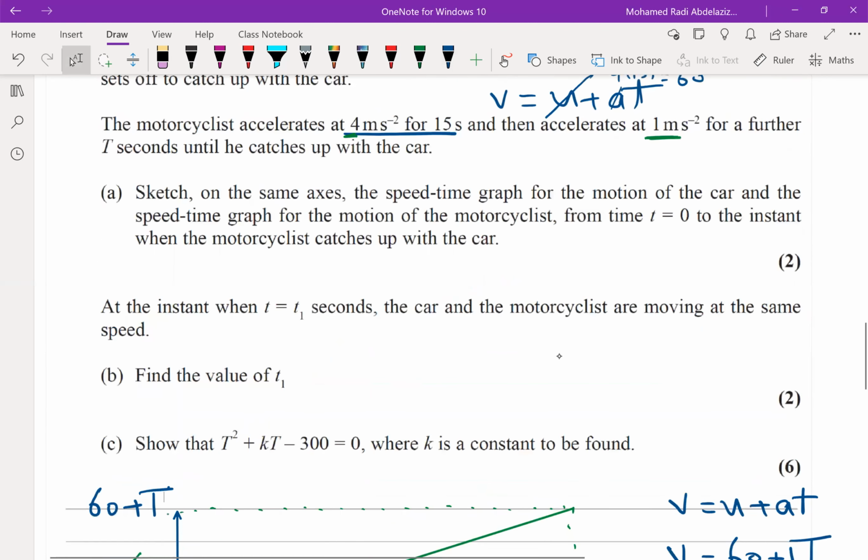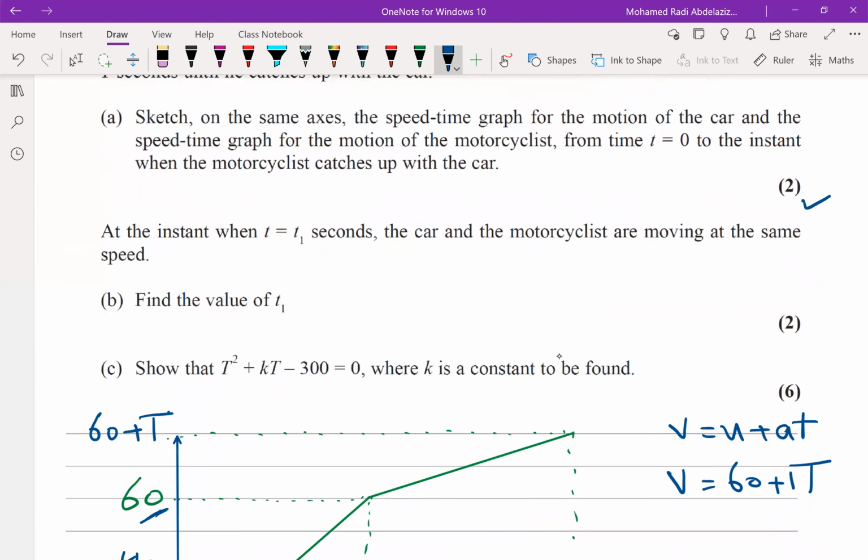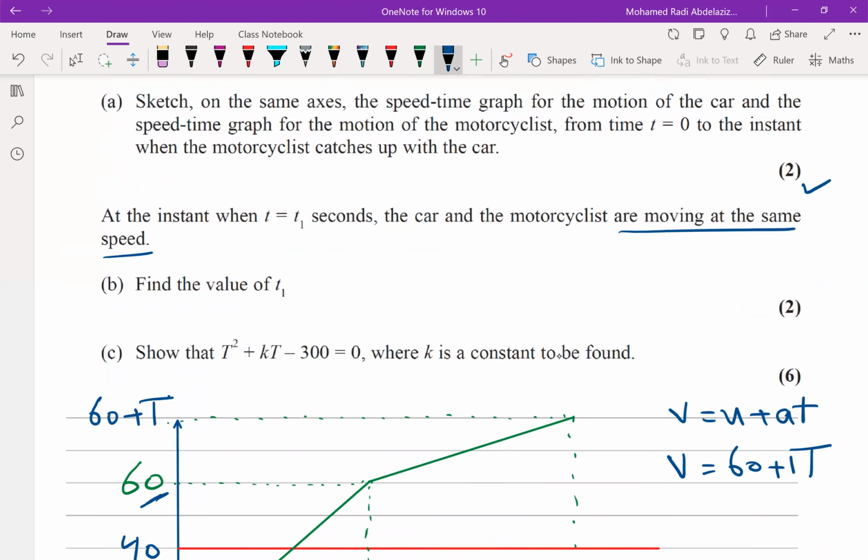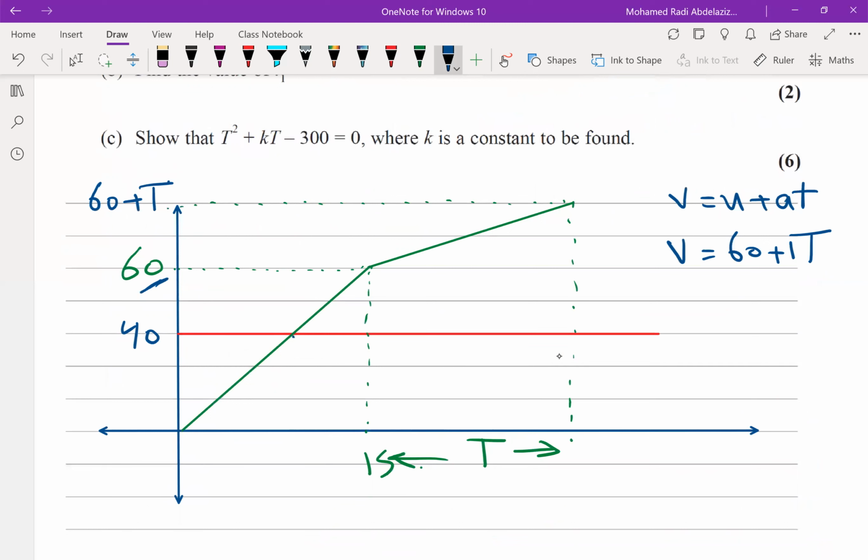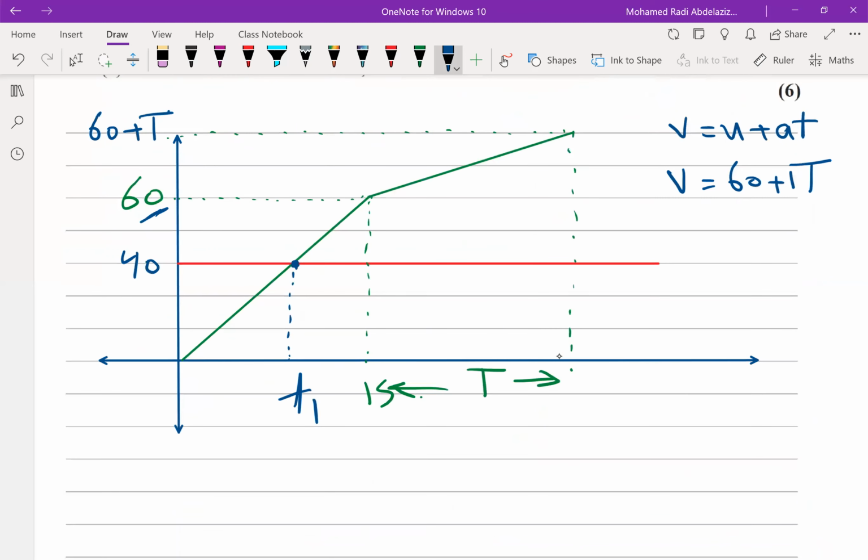This is part A, the velocity-time graph. At the instant when t equals t1 seconds, the car and the motorcyclist are moving at the same speed. The same speed will be 40, at this time t1. How to get t1?